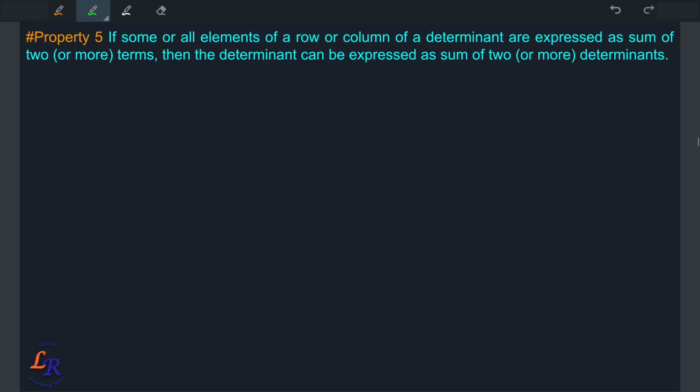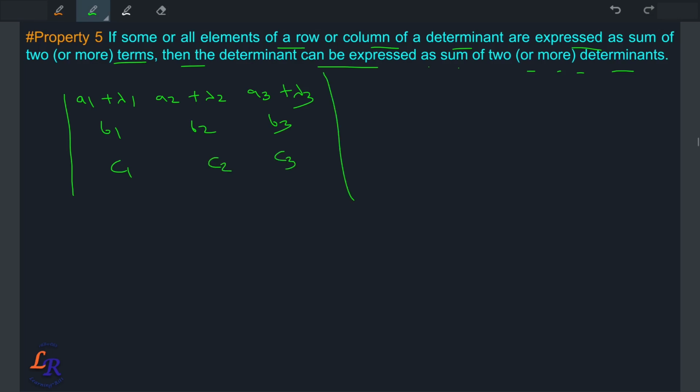Now let's see the other important property, which is property 5. If some or all elements of a row or column of a determinant are expressed as a sum of two terms, then the determinant can be expressed as the sum of two or more determinants. Meaning that if you have a matrix like this: a1 plus lambda 1, a2 plus lambda 2, a3 plus lambda 3, b1, b2, b3, c1, c2, c3, right?